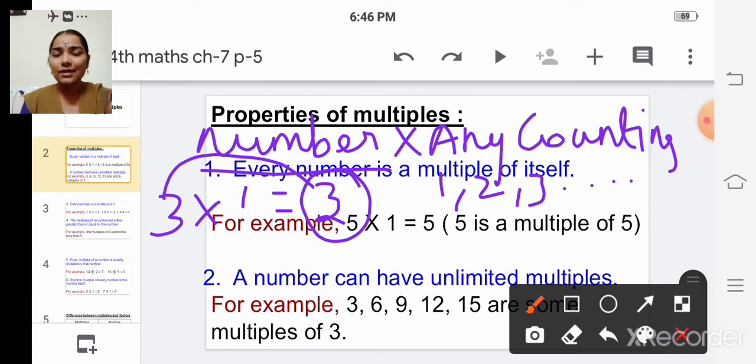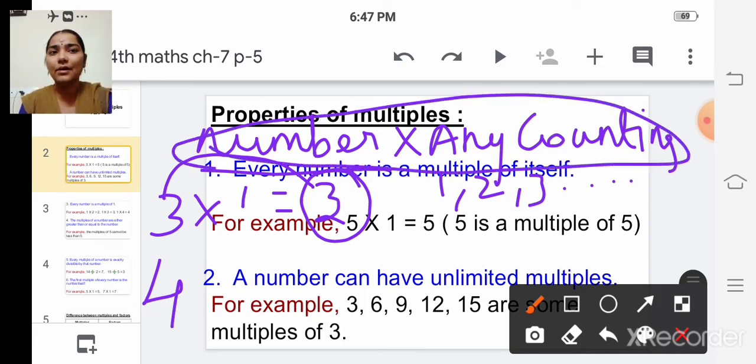Similarly, if we take any number and find multiples of that number, then that number is a multiple of itself. If we take 4 and find the multiples of 4, we use this formula: the number into the counting number starting from 1, 2, 3.